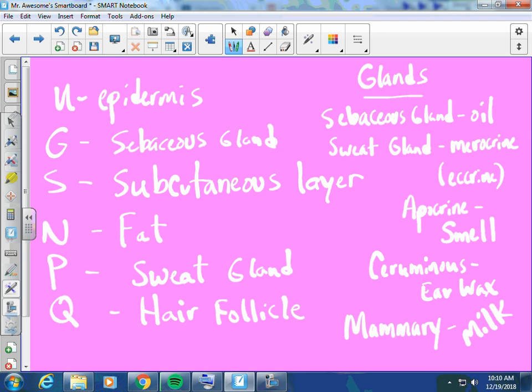So in 5.7 it talks about glands. Okay, so this is one of the new ones that we did. So sebaceous gland I just talked about, sebaceous oil gland. We can also have sweat glands, and depending on the region of the body, we can have different types of sweat glands. Over most of our body, we have what are called merocrine or eccrine sweat glands, which are 99% water.